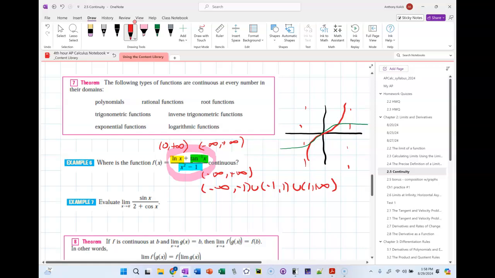I looked at where the denominator was 0. So x squared minus 1 factors to x plus 1, x minus 1. So the two zeros there are 1 and negative 1.